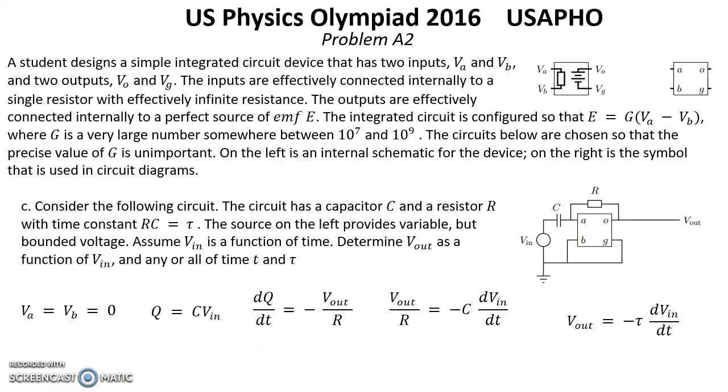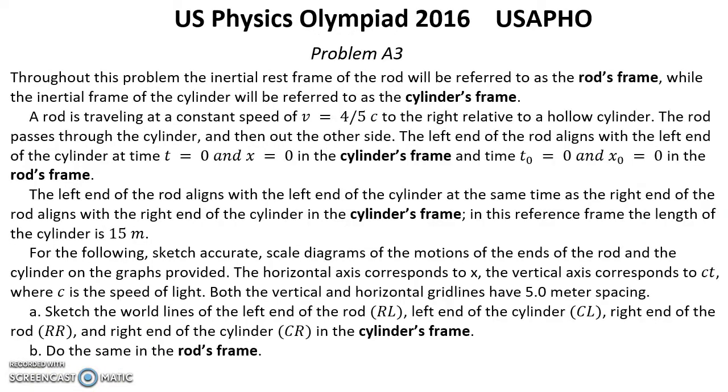Those were the answers for questions A, B, and C of problem A2. Problem A3. Throughout this problem, the inertial rest frame of the rod will be referred to as the rod's frame, while the inertial frame of the cylinder will be referred to as the cylinder's frame.